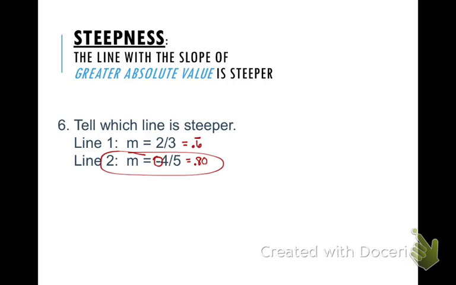You forget about the sign because it doesn't matter if you're standing at the top of the hill or the bottom of the hill. The hill didn't change. The steepness didn't change. It just changed where you were walking from. You can still walk down a steep hill or a steep mountain just as well as you can walk up one.